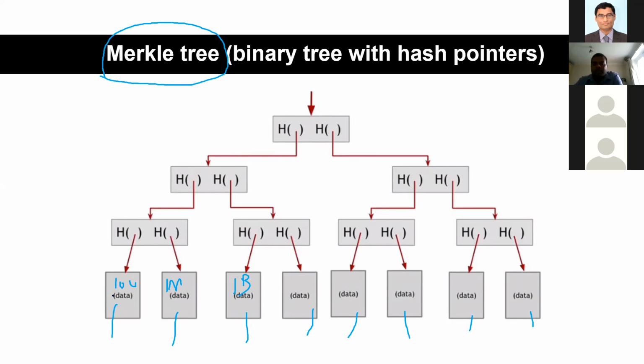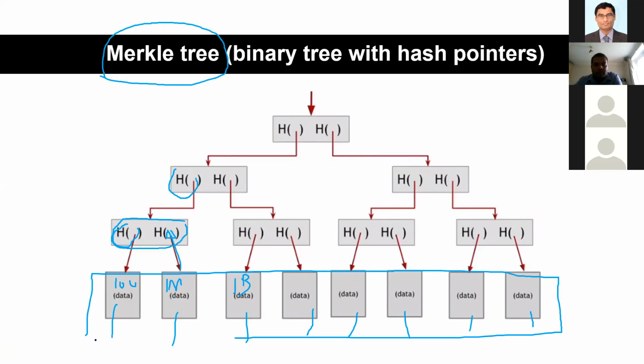If you want to make sure that nobody has changed anything here, you can take a hash of this and put it here, and a hash of this, you can put it here, right? Then you can take a hash of the whole data into a new hash. Let's say you have 1 million records, but if you traverse through this tree, you will have a single 256-bit hash.